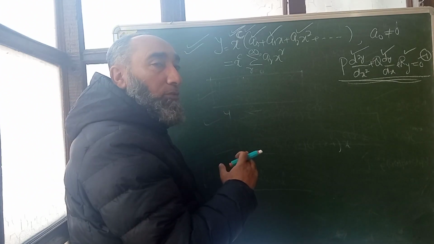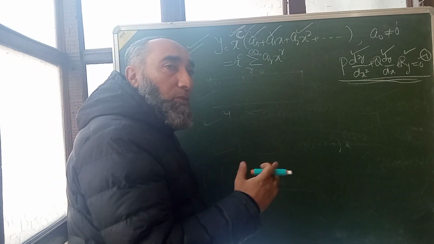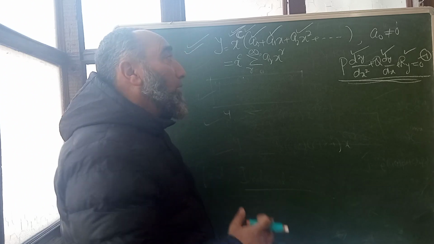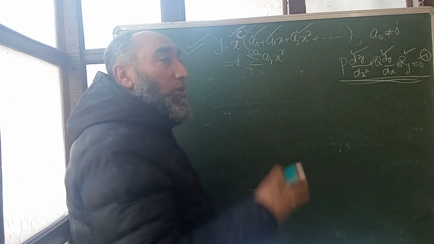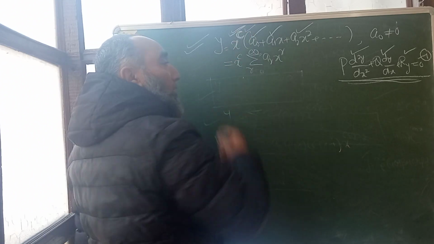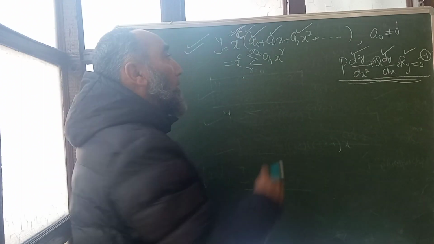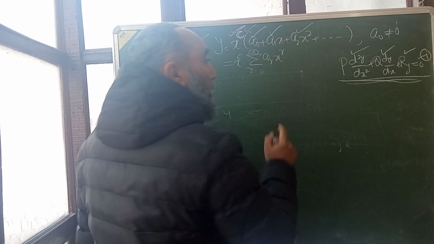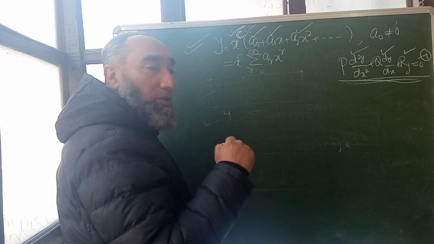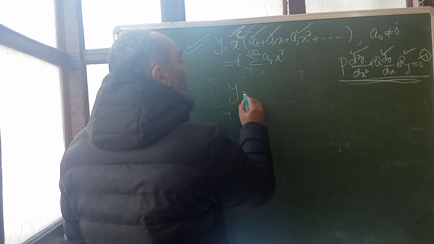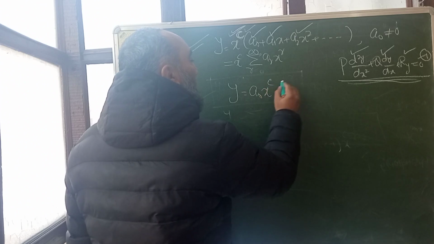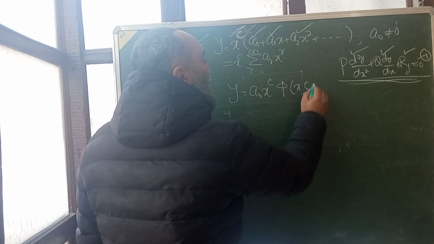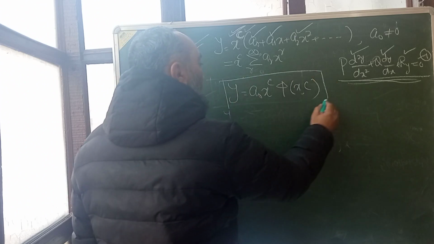The coefficient of the lowest term, when equated to 0, gives us the indicial equation from which we get values of c. And from other coefficients we get values of a1, a2, a3, always in terms of a0, as we will see, and we finally get an equation of the form a0 x raised to the power c times some function of x and c. This will be our solution.